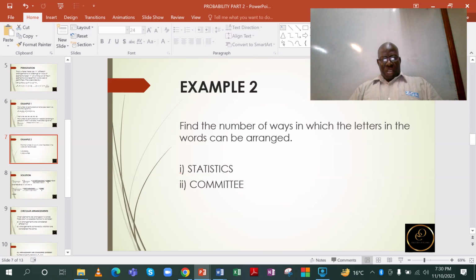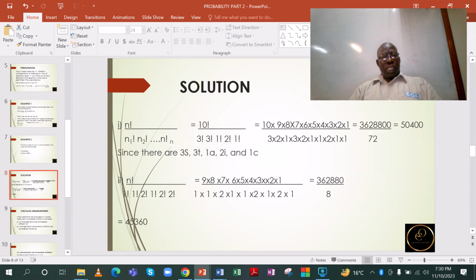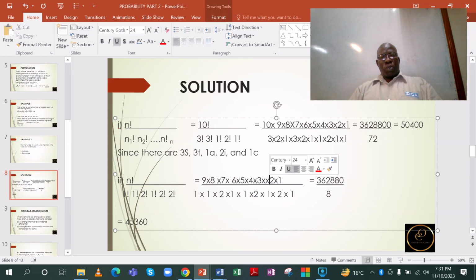So how many total numbers of letters? 1, 2, 3, 4, 5, 6, 7, 8, 9. So N is 9. So we come here. N is 9, so it will be 9 factorial on top, which will be 9 times 8 times 7 times 6 times 5 times 4 times 3 times 2 times 1.